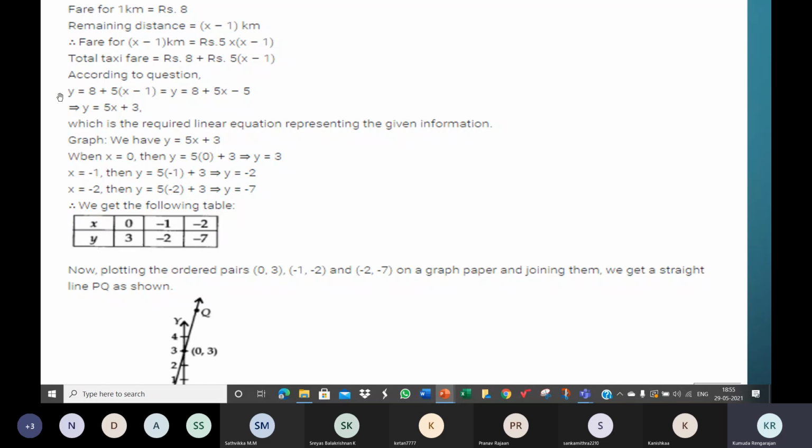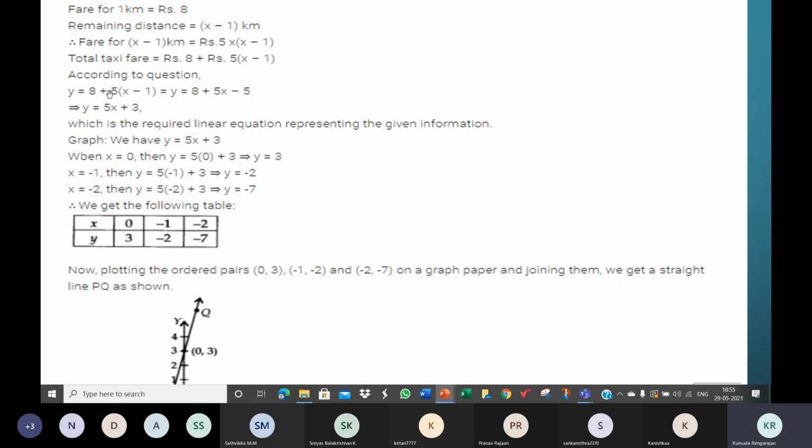The total fare is y. What you will be settling with the auto or the taxi person, the total fare is y. The breakup is for the first kilometer 8 rupees, and for the remaining distance, the total distance is x. But you're going to give him 8 rupees for the first kilometer. So the remaining distance is x minus 1.